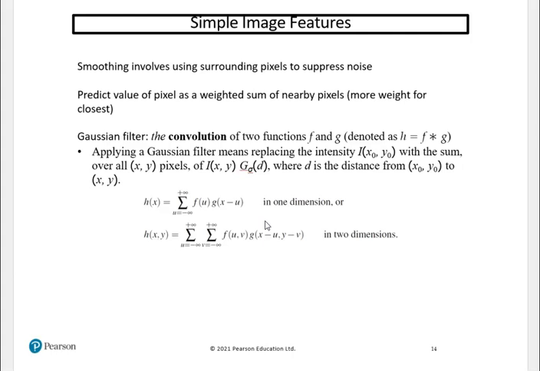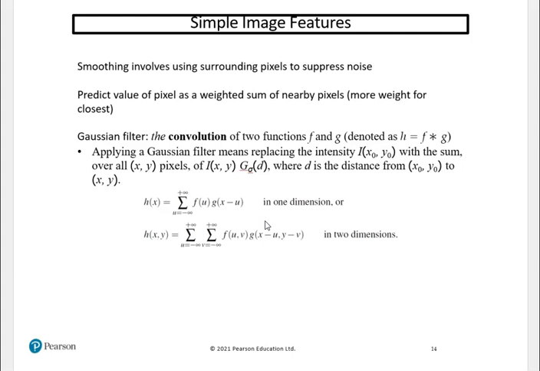We apply that over all pixels of the intensity function at any point x and y times the Gaussian at distance d, where d is the distance from the point where we're smoothing around. So it depends on how far the point is from x naught, y naught.